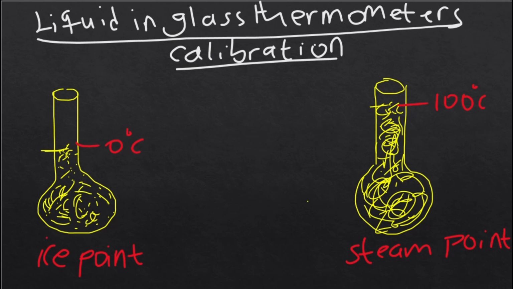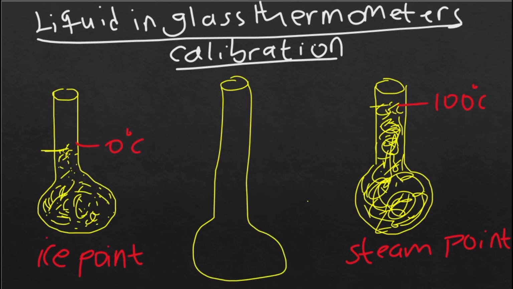Let me redraw it in here to illustrate that. Okay, we have 2 points. One point is 0 degrees Celsius and another point is 100 degrees Celsius.